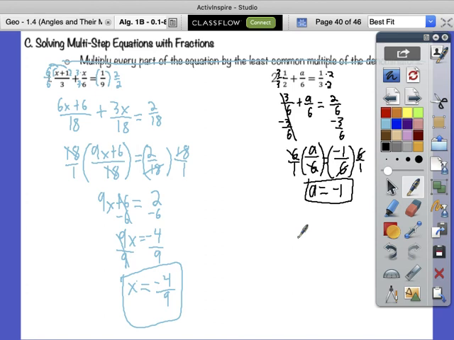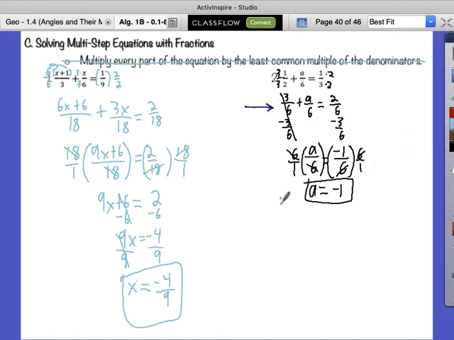Abby has a question. I did it a different way, but got the same answer. What did you do? I combined the 3 and A. Oh, so Abby, back in this step, she went from here and said, okay, I have 3 over 6 plus A over 6 equals 2 over 6. Well, earlier we started combining some stuff.